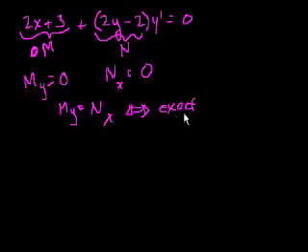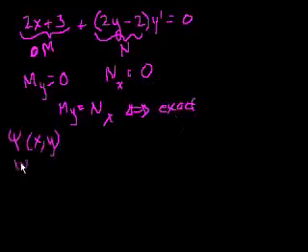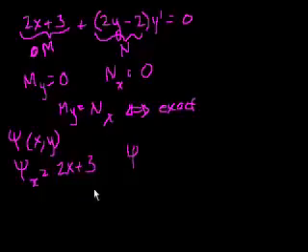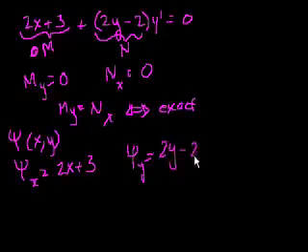So knowing that it's exact, it tells us that there's some function xi, where xi is a function of x and y, where the partial of xi with respect to x is equal to 2x plus 3, and the partial of xi with respect to y is equal to 2y minus 2.